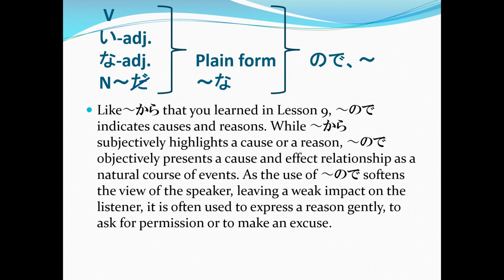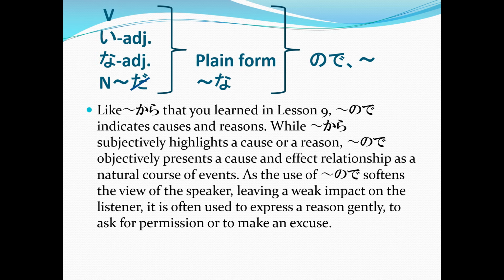Like kara, introduced in lesson 9, node indicates causes and reasons. While kara subjectively highlights a cause or a reason, node objectively presents a cause and effect relationship as a natural course of events.